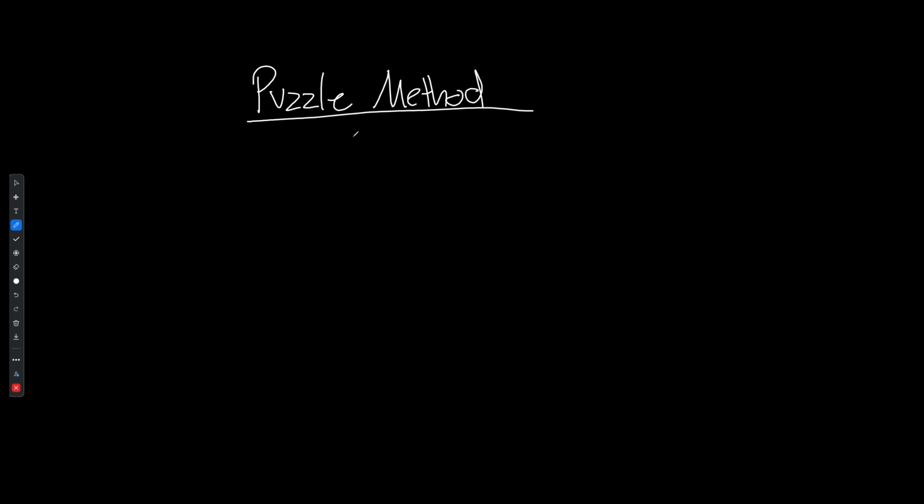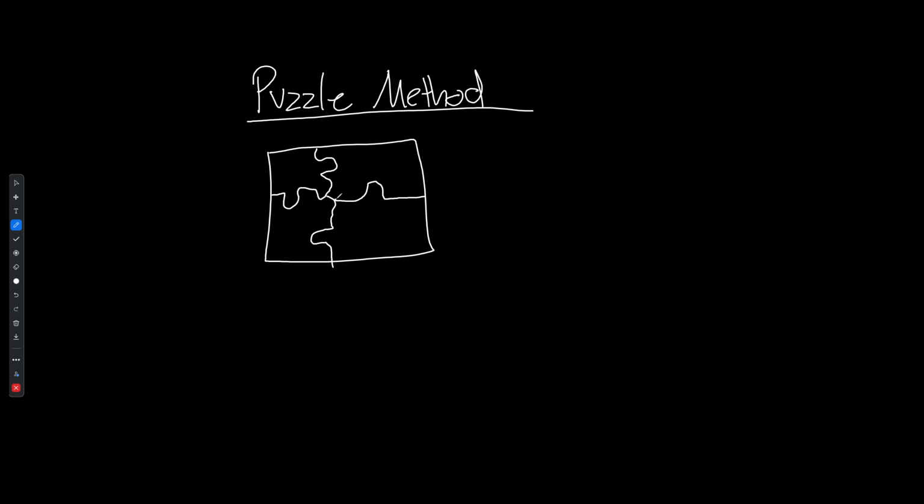The idea here essentially is that if I just draw a little puzzle, we'll draw a square. Let's just say that the puzzle looks something kind of like this. You're going to see here that I am terrible at drawing puzzle pieces. But let's just say that this is the piece that's going to give you your answer.